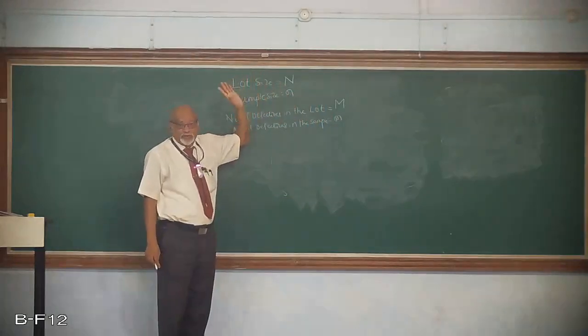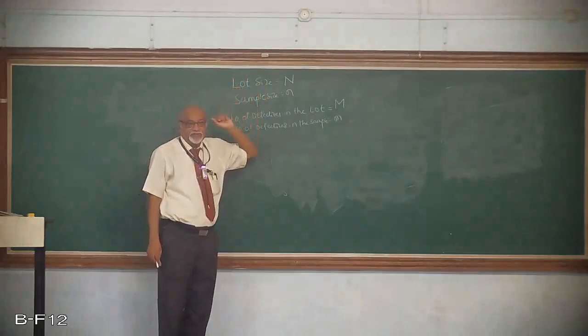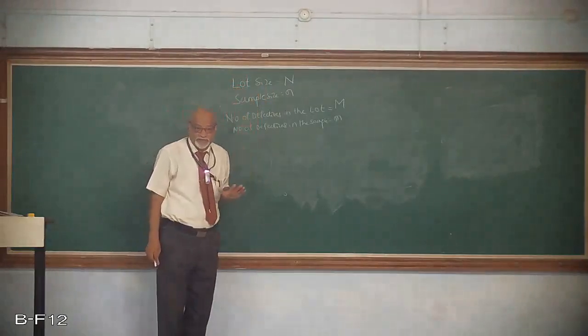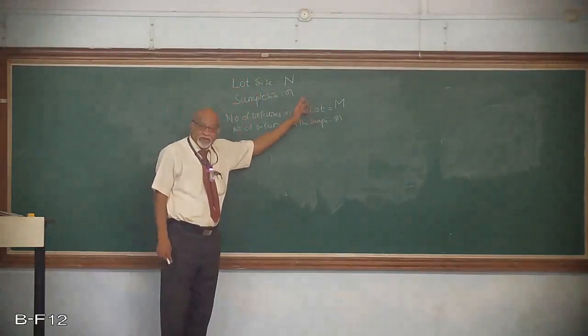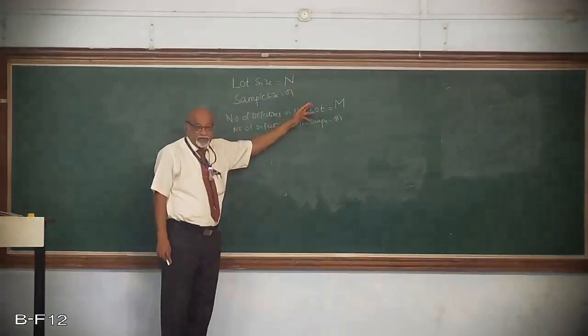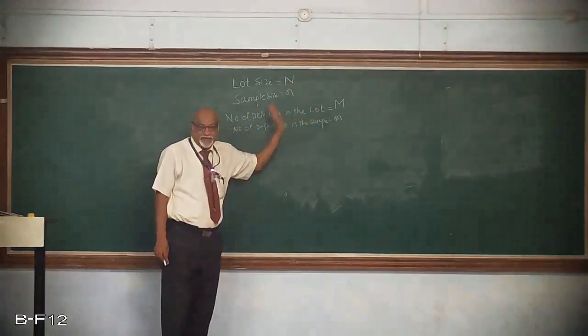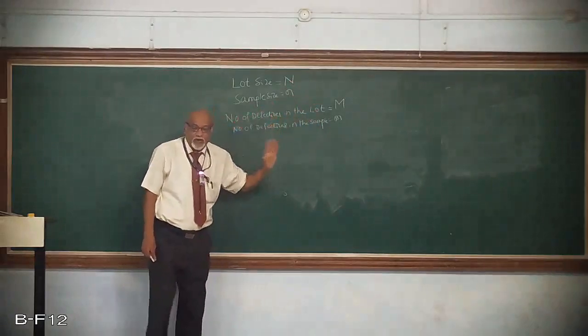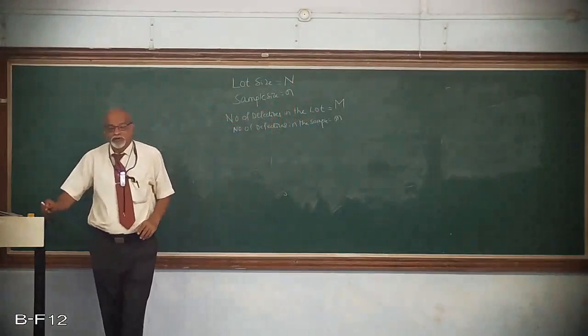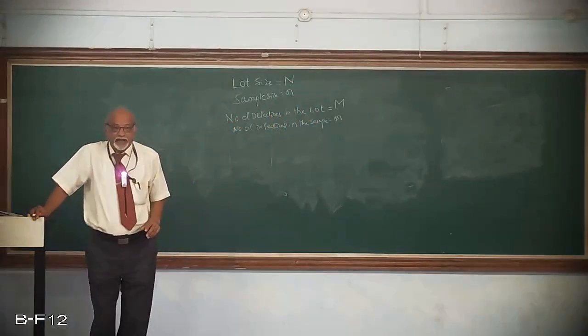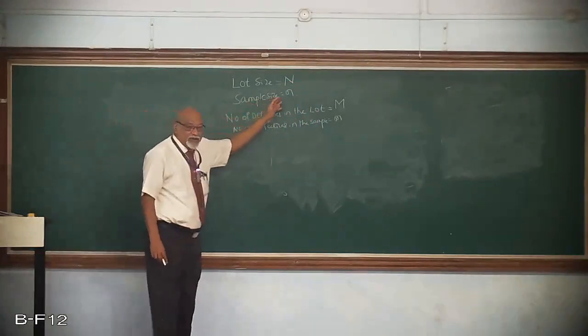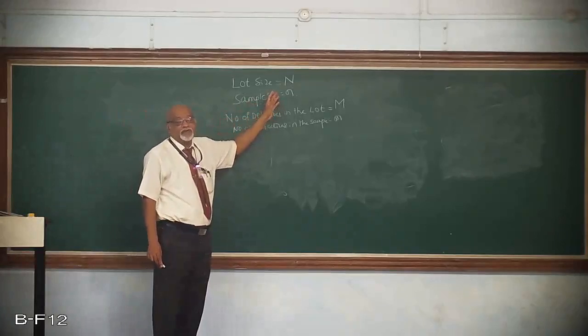So if the lot size is 1,000, if it consists of, say, some 10 defective items, so capital M will become that. Lot size N is 1,000 there, M is 10. Then out of a lot of N, I collect a sample of small n, which I might be collecting around 50.